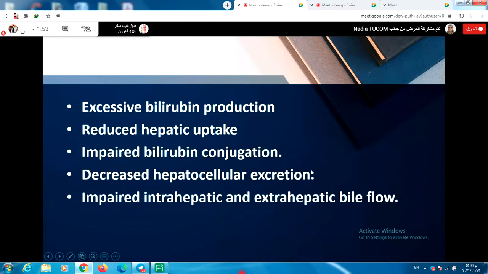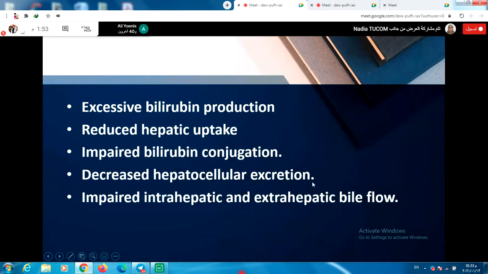Excretion meaning where? In the biliary passages. No, excretion. Here the bilirubin is conjugated by the effect of conjugation enzymes to be converted into direct bilirubin. And the defect here is in excretion.